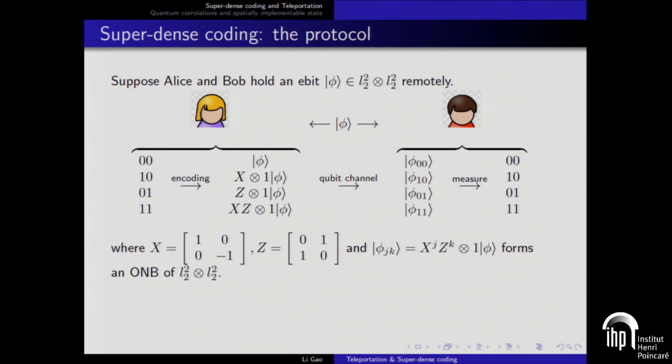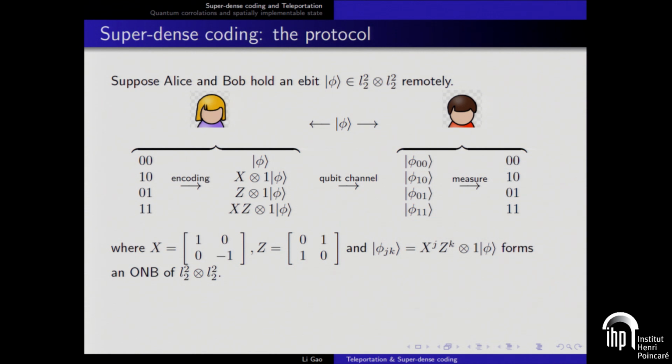Now, Bob will have both parts of this entangled state, but it is already modified by Alice. With this modification, Bob can recover the classical information Alice wants to tell him by doing a measurement corresponding to this column, which is an orthonormal basis.